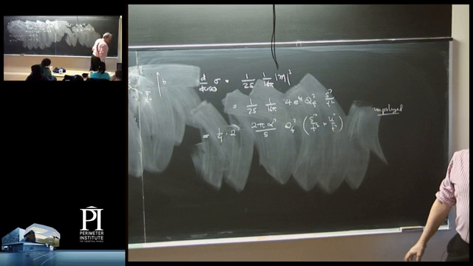So we get something like 2 pi alpha squared over s, Qf squared s squared over t squared. And that's for the polarized case.